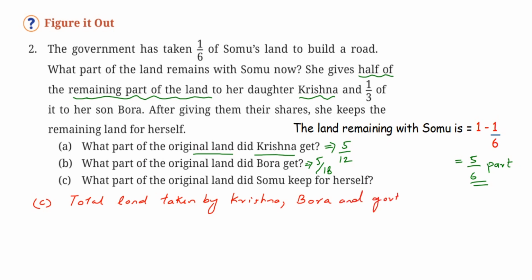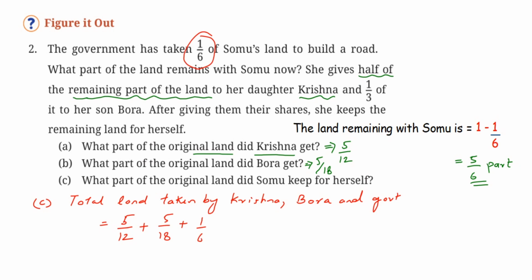First we have taken Krishna. So Krishna got 5/12. So we'll first write 5/12. You can take this in any order. Since I've written Krishna first, I'm writing 5/12. And Bora, he got 5/18 part and the government took 1/6. So we have to add all this.